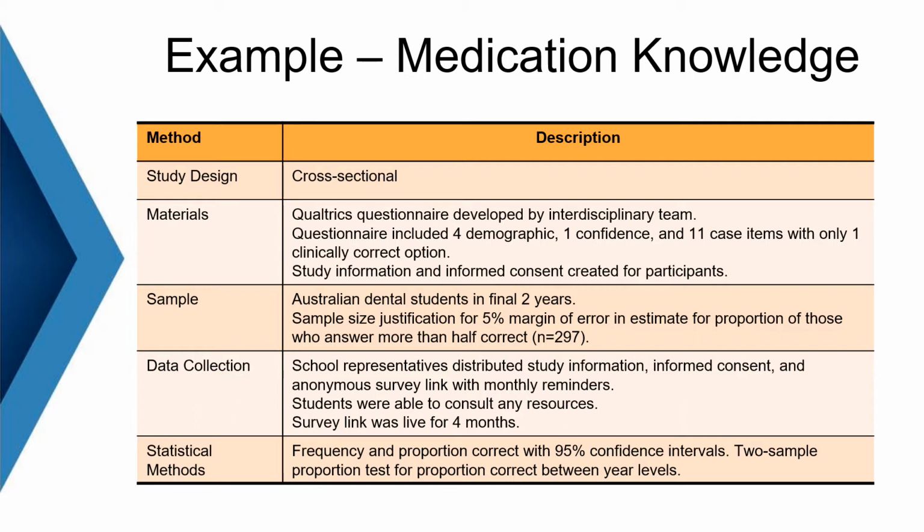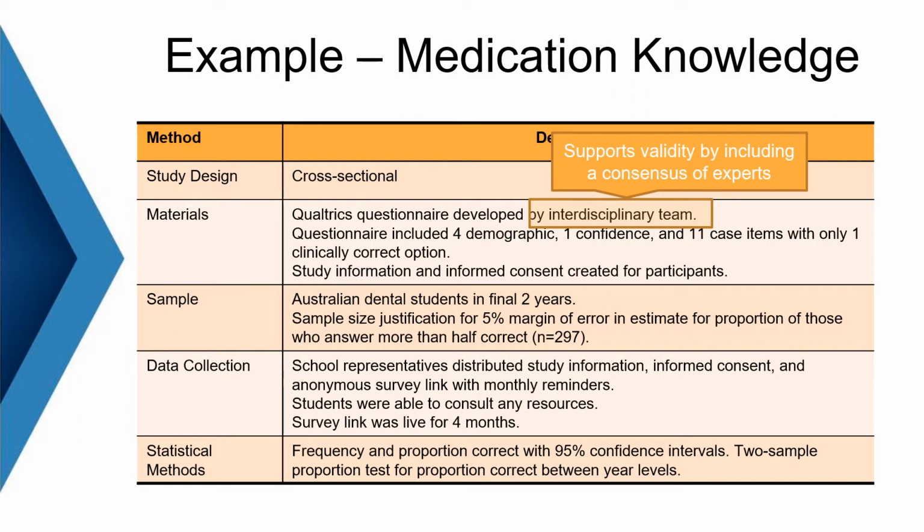The survey consisted of demographic details, one question about their confidence to prescribe after graduation, and 11 case items with only one of 4 clinically correct options. These were designed to represent content and skills expected to be taught in dental school. Information about the study and informed consent was created for all participants before completing the questionnaire. The interdisciplinary team supports validity by including a consensus of experts.